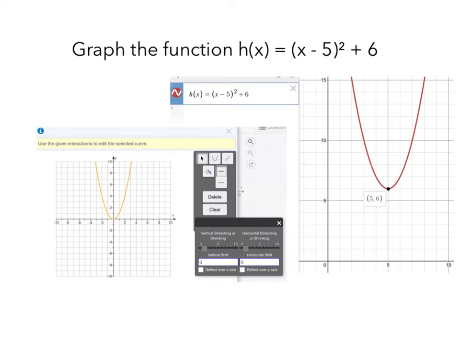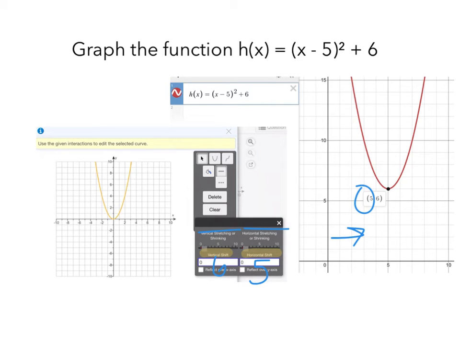So if you see that right here, it says vertical shift, horizontal shift. We just talked about that. Vertical is up and down. Our vertical shift here, guys, is 6. Our horizontal shift is this 5. It's to the right 5, so that's a 5. So when I plug that into Desmos, I already know there's no shrinking and there's no horizontal stretching.